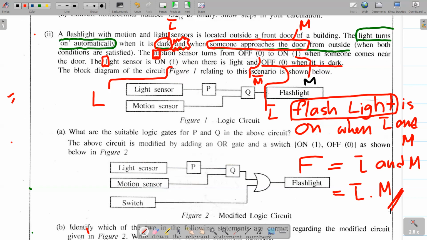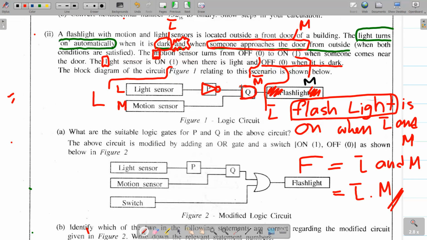So that is the output of this, the flashlight. If we need to create L bar, the light sensor will input L and the motion sensor will input M. So L bar can be created if you set a NOT gate in front of here, and L bar dot M will be created if you take an AND gate over here.